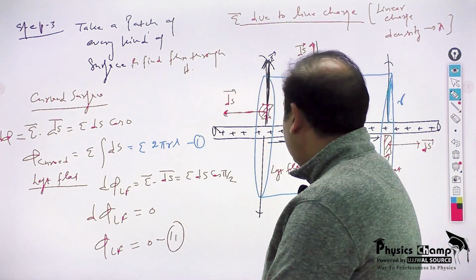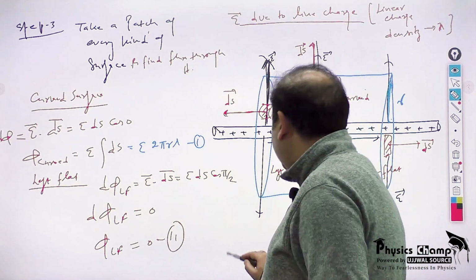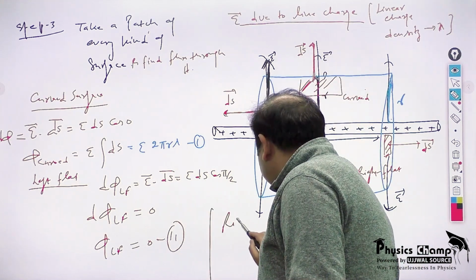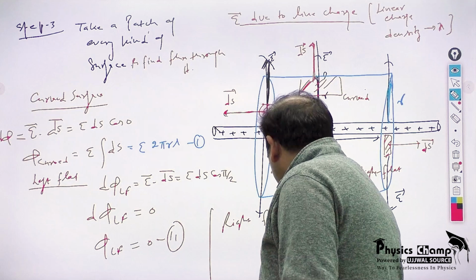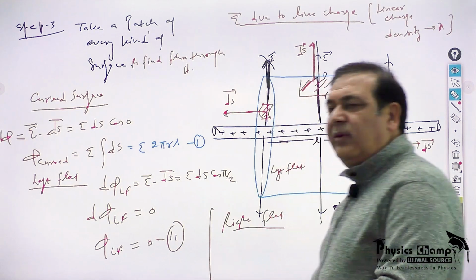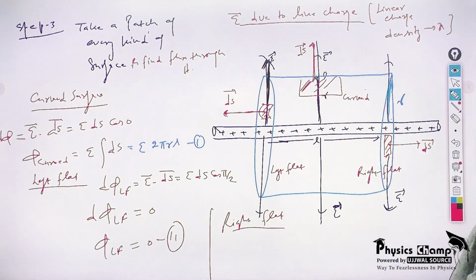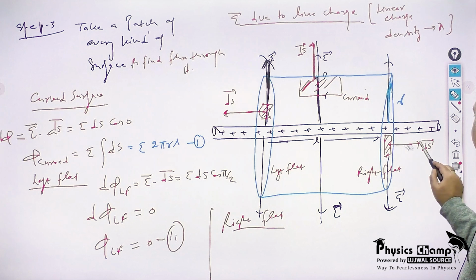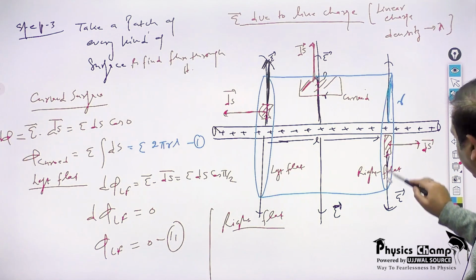Third, let's take the right flat surface. On this right flat surface, the area vector is here and the electric field is here.